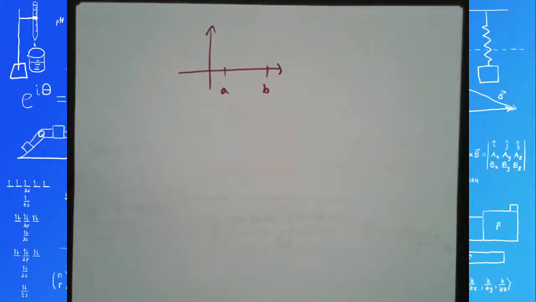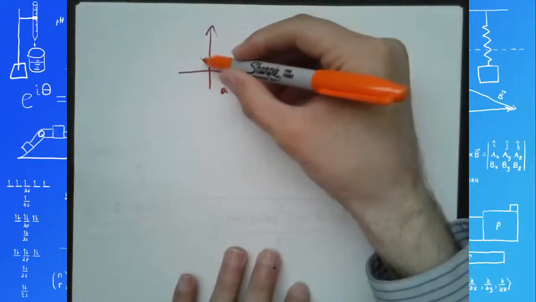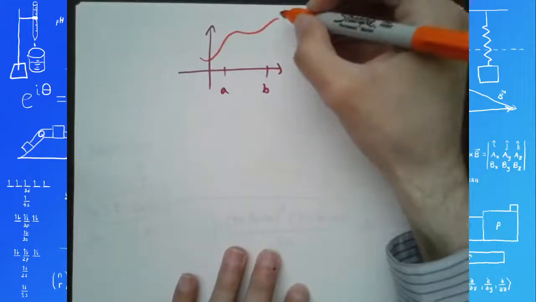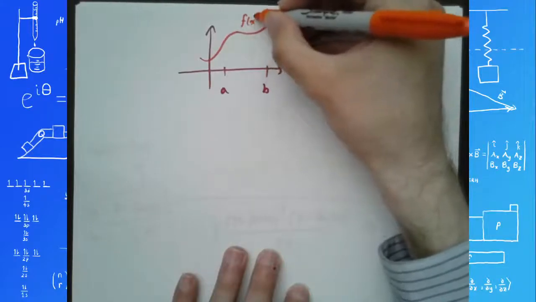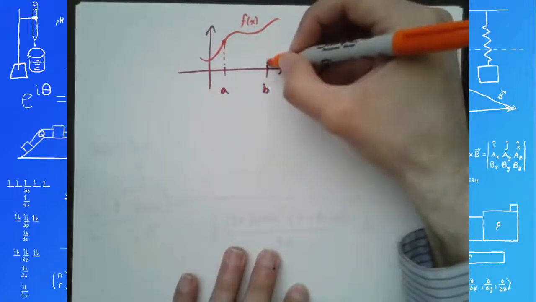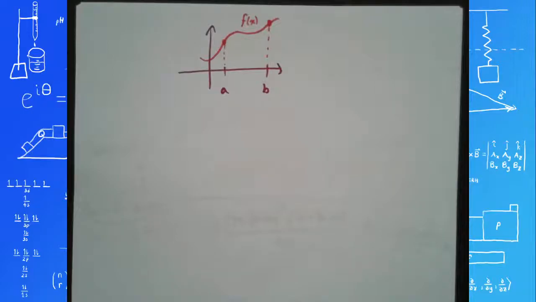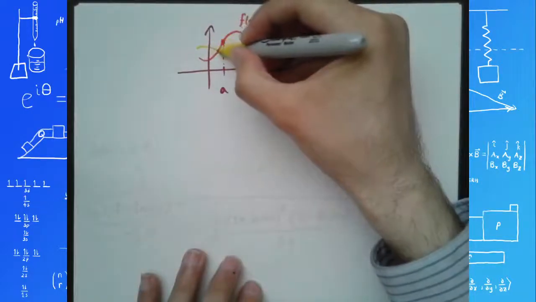Let's draw them in a different color. So let's say that's f of x. So that's f of x. And g of x, let's say, is this.